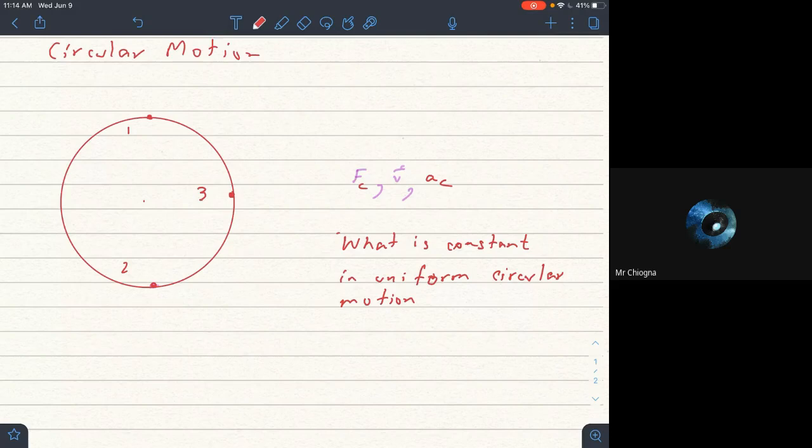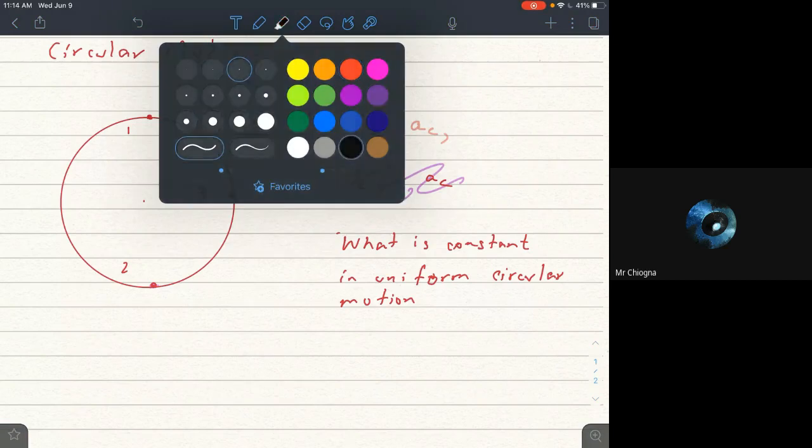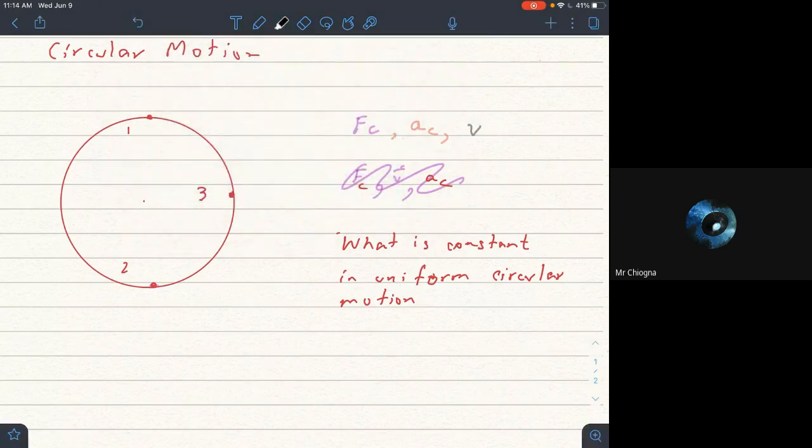Okay, so I'll do different colors. FC is in purple. AC is in red. And then V is in black, or gray black.